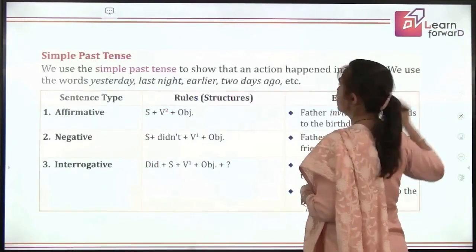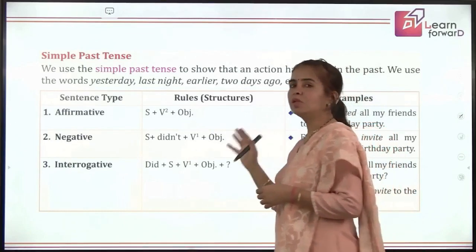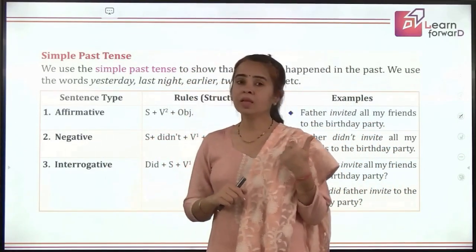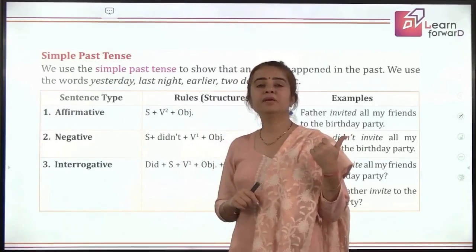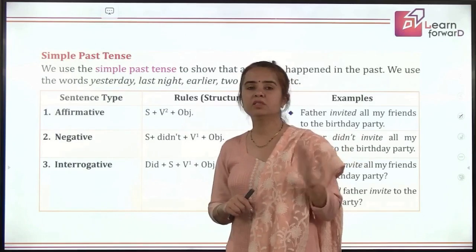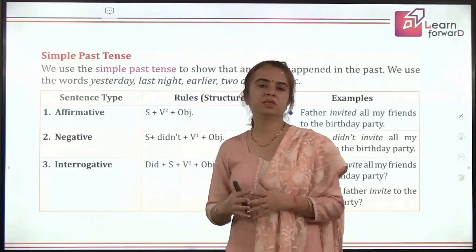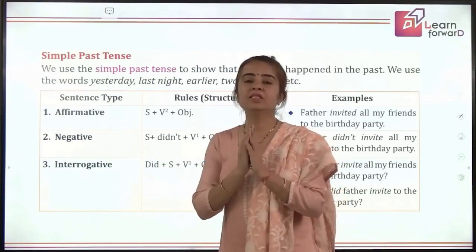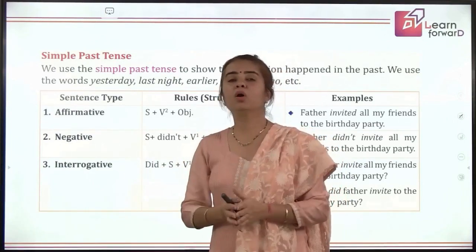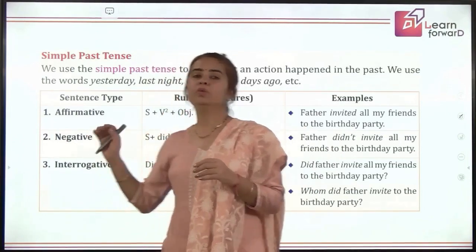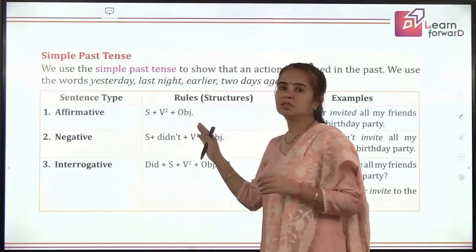The next is simple past tense. The same thing. The only difference is, in simple past tense, as you do in simple present tense, you don't add s or es to the verb. You look at the subject, whether it is singular, plural, first person, second person, third person. Here there is no point. Just pick the second form of verb, which is the middle column of your verbs table, and you get the affirmative sentences, right?